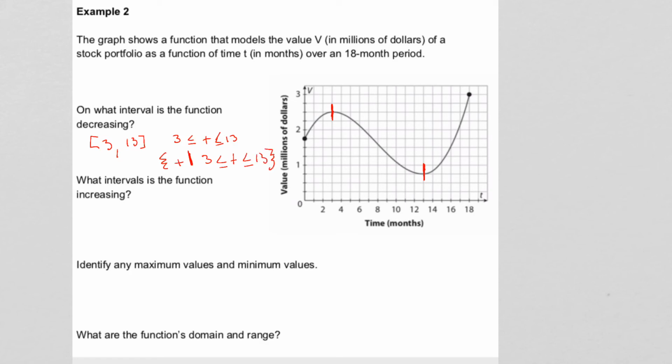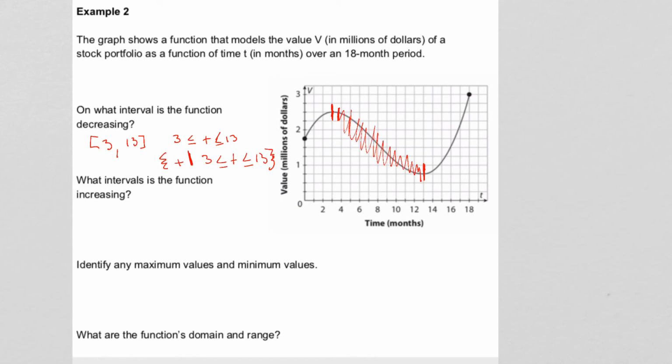Now you don't have to write all that. I'm just writing it all to show you the 3 different ways we can notate this decreasing function. And that's it. Doesn't look like it's decreasing anywhere else. Right? From basically this whole area, the thing is decreasing.